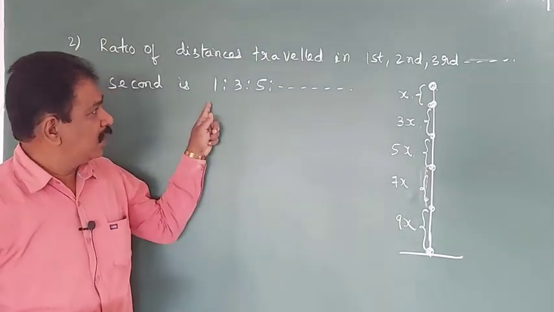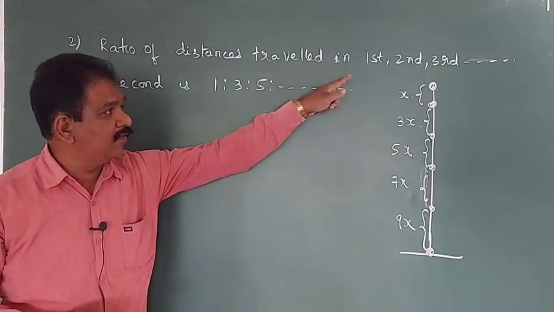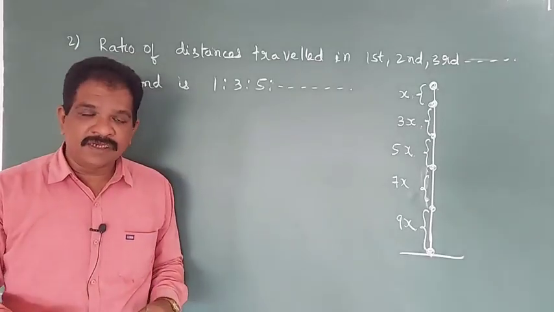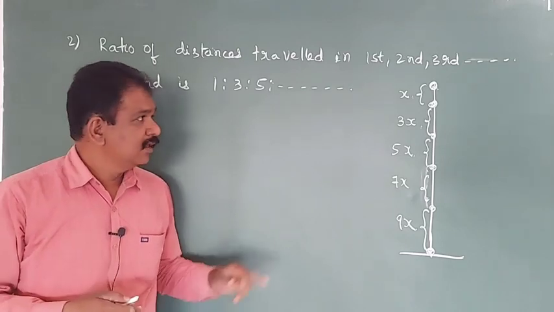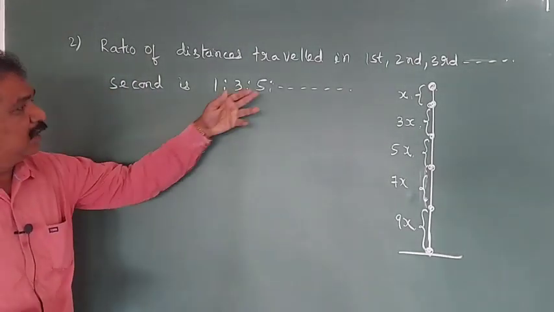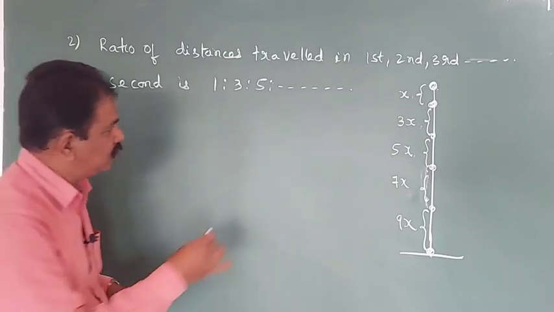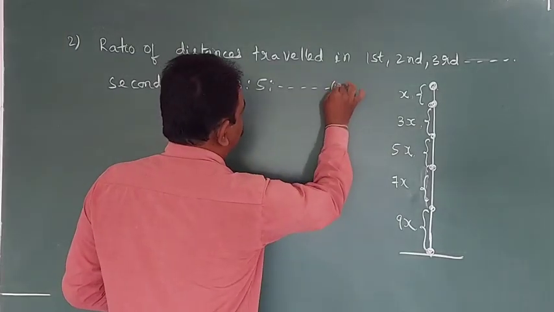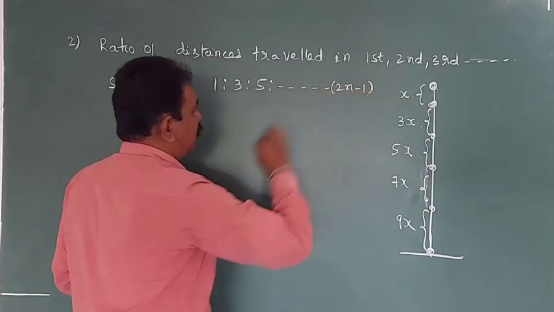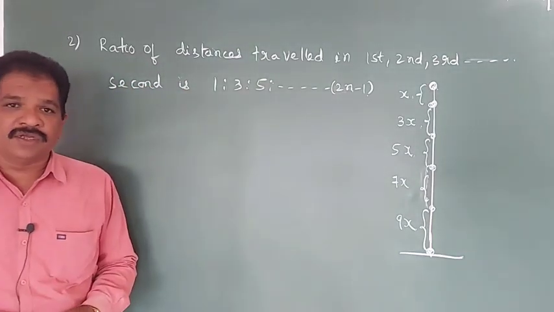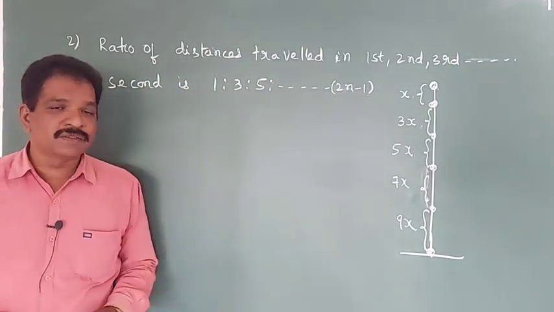Understanding? So the ratio of distances traveled in the first second, second second, third second and nth second is 1 is to 3 is to 5 and so on, up to 2n minus 1.